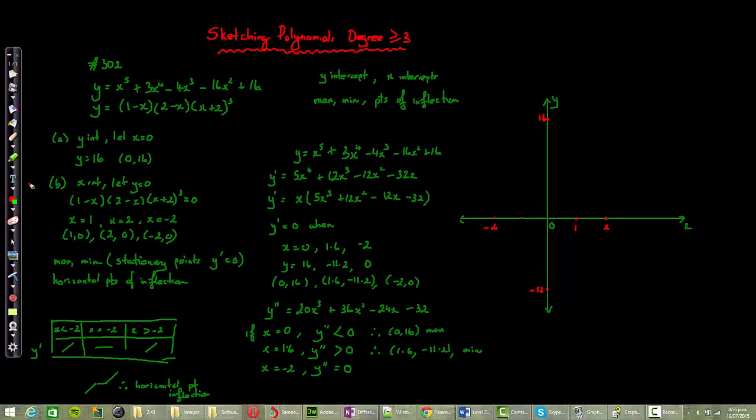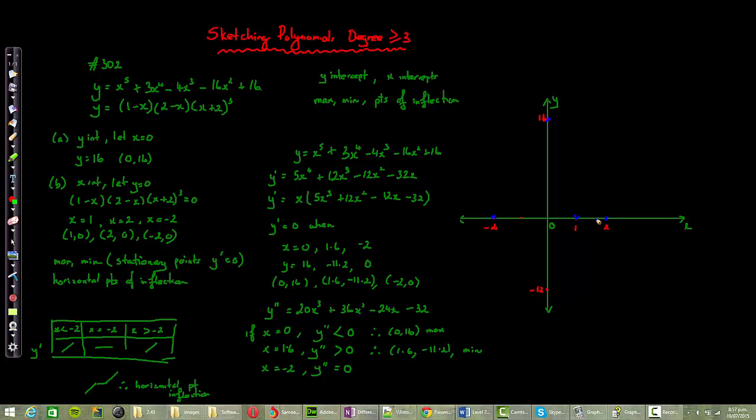Okay, and let's now plot some points, and just change the color to something else again. So these x-intercepts, let's plot those. So 1, 0, that's a point there. 2, 0, and negative 2, 0. 0, 16, and now let's get these other points here. 1.6, negative 11.2.